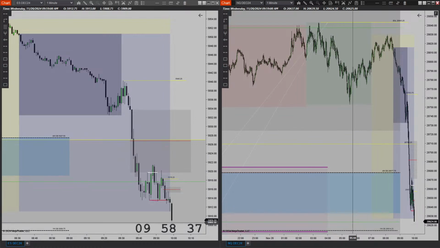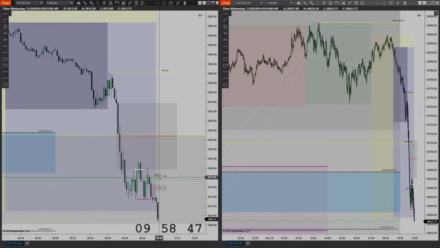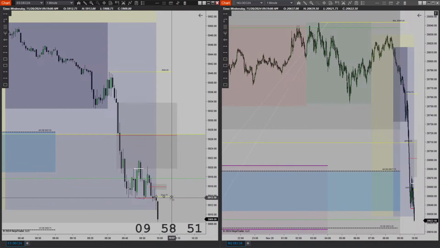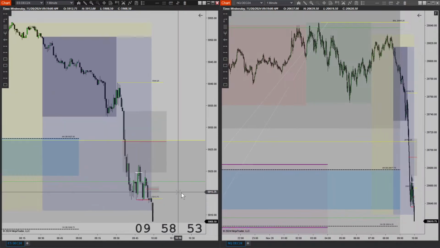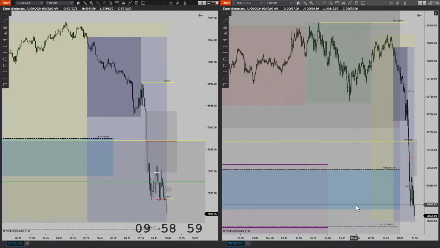And we just drew into 50% of this 1 hour order block down here. Well, we're about to, but still I'm waiting. And the further it goes, the less likely this environment.